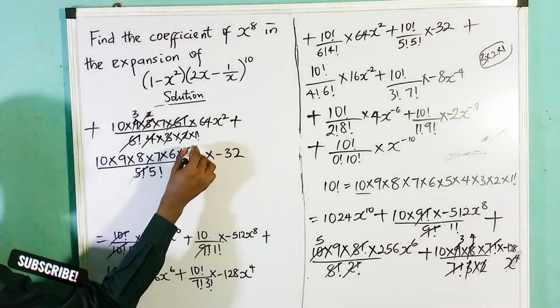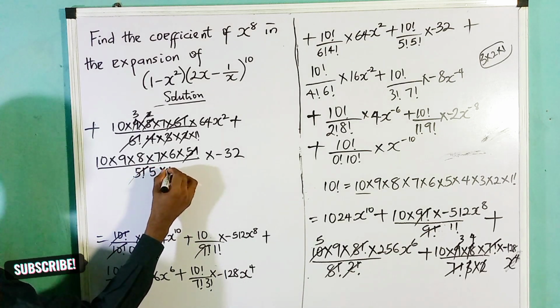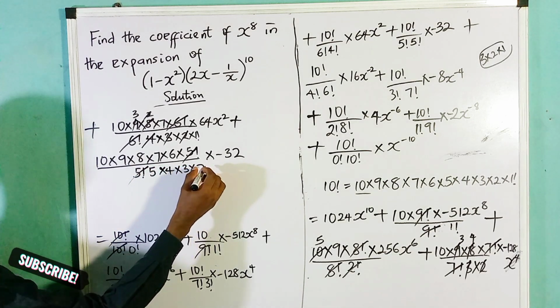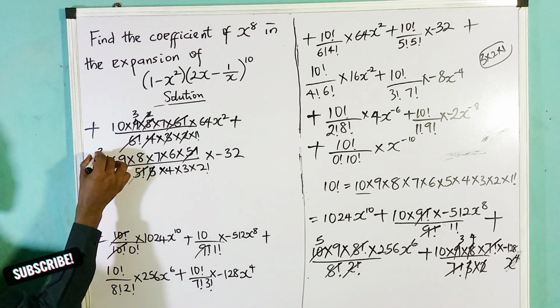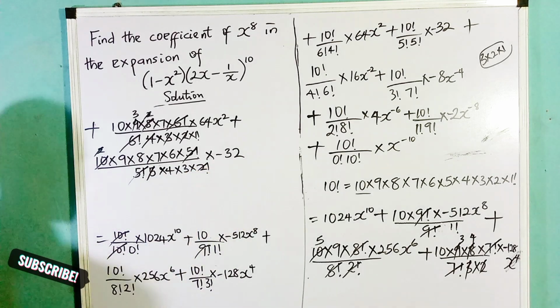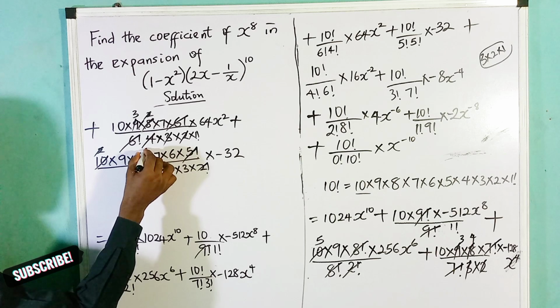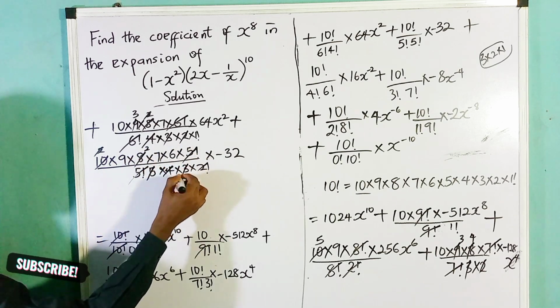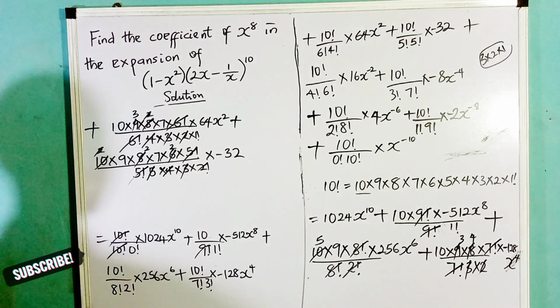Now, this cancels what we have here. 5 factorial is 5 times 4 times 3 times 2. So 5 can divide 10 to have 2. 2 can divide itself. 4 can break down 8. We have 2 left. 3 can bring down 6. We have 2 left.